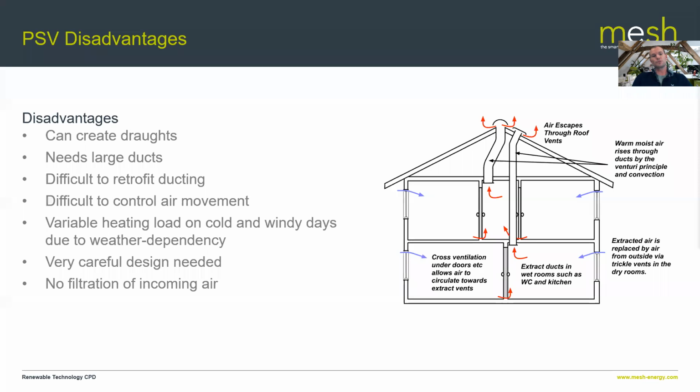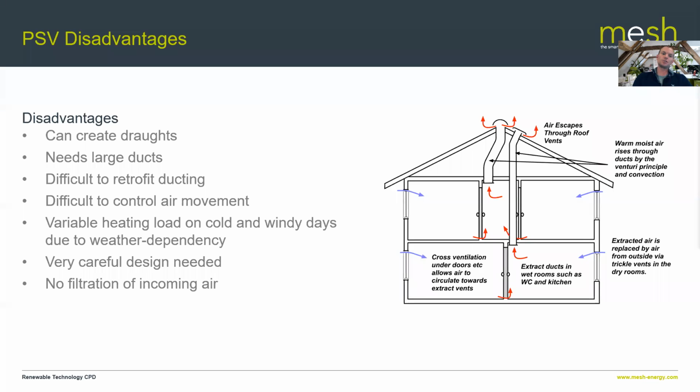And it's difficult to control air movement as well. You can't have your cake and eat it in most cases. If you're allowing nature and the laws of physics to do their thing, controlling air movement every single day of the year can be very difficult. So you need very careful design just to make sure it's working for the vast majority of the year.